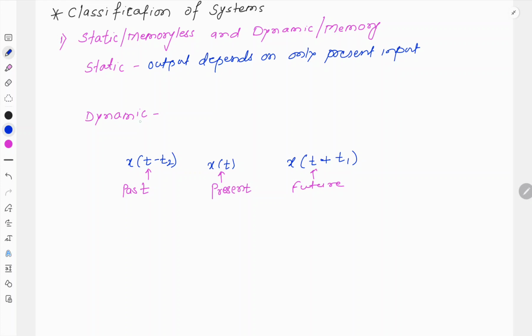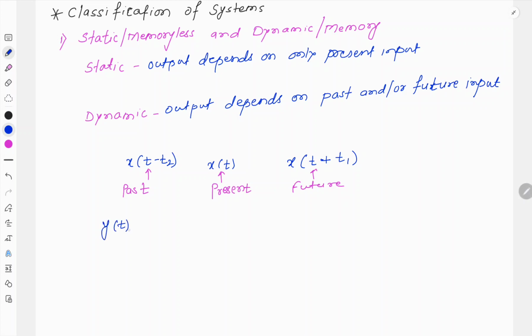Now the definition of dynamic system. So a system is called as dynamic system if its output depends on either past or future input, then the system is called as dynamic. So to represent it with the help of input, let us say if we have the equation as y of t equal to x of t plus 2x of t plus 1.